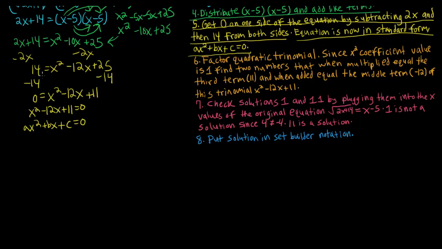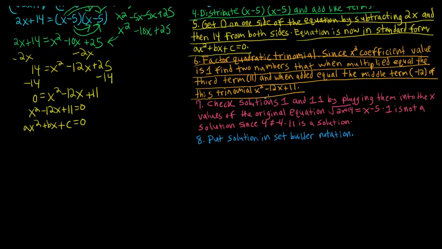So for step 6, we want to go ahead and factor the quadratic trinomial. Since the x squared coefficient value is 1, we need to find two numbers that when multiplied equal the third term 11, and when added equal the middle term negative 12 of this trinomial: x squared minus 12x plus 11.